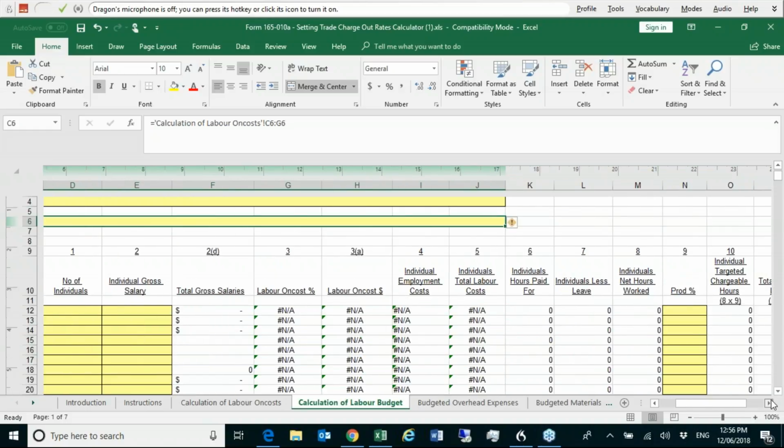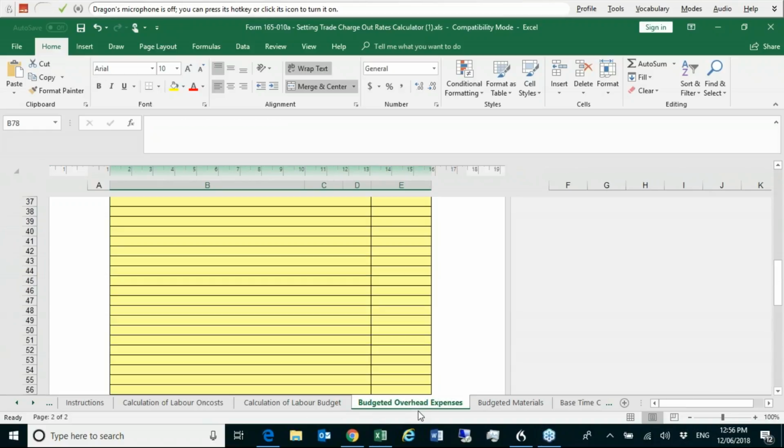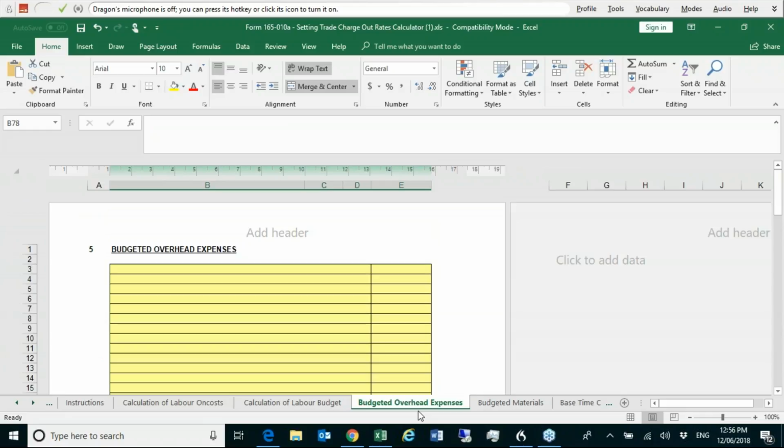These costs contribute to the costs of operating, and therefore the amount to be included as the charge out rates. We've got provision for you to insert the budgeted overhead expenses.